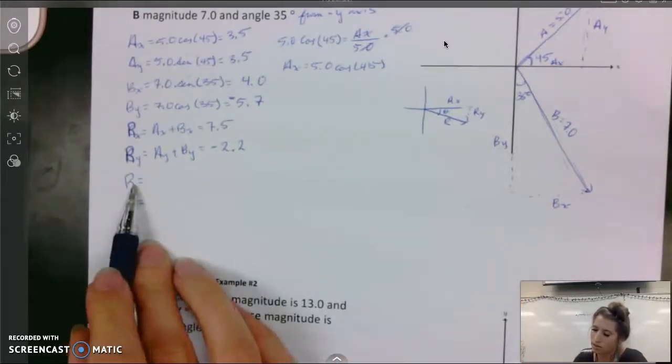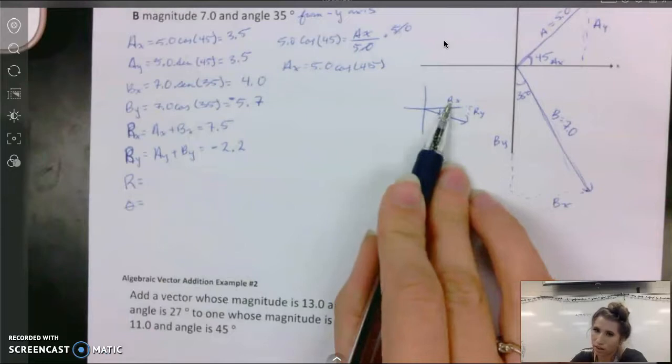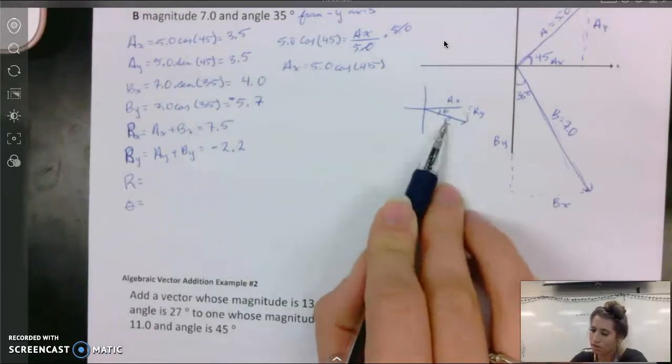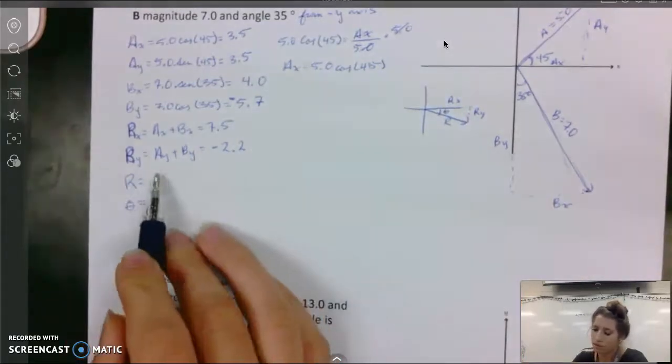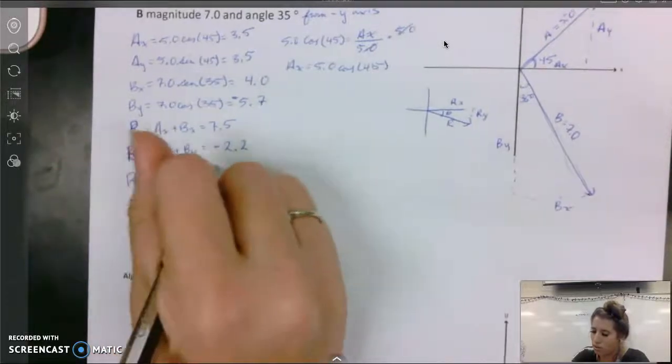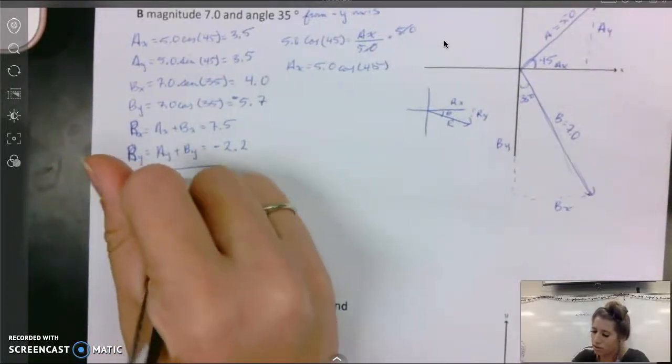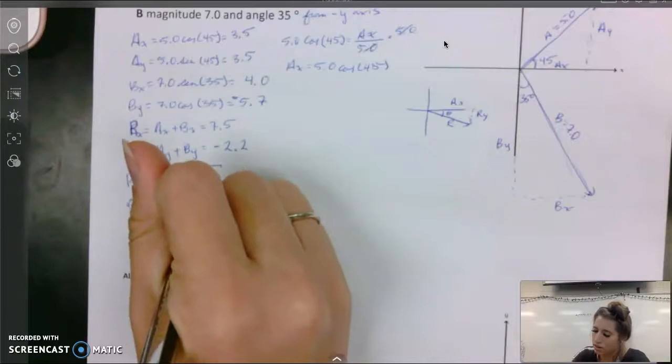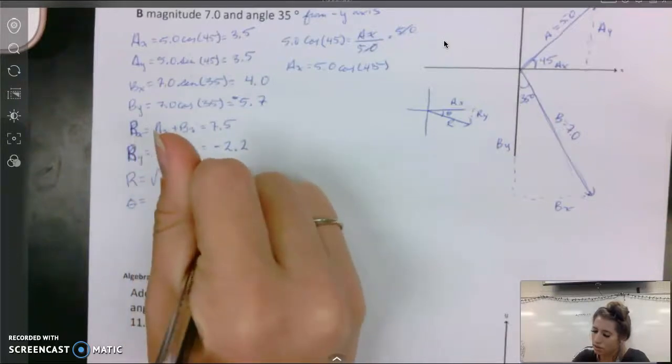Well, here's our triangle. A squared plus b squared equals c squared. Let's use the Pythagorean theorem to figure out r. That's just going to be the square root of r sub x squared plus r sub y squared.